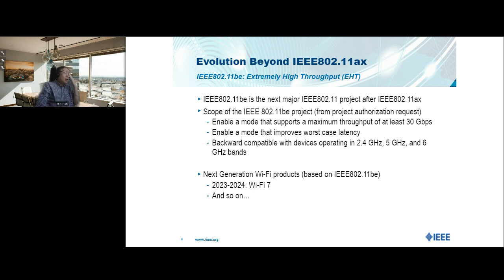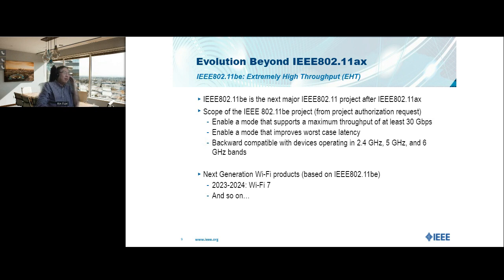Before we dive into 11ax, I want to give a little teaser of what's happening beyond 11ax, which is what the IEEE is currently working on. They are working on 11be, named Extremely High Throughput. This 11be is the next major project after 802.11ax.